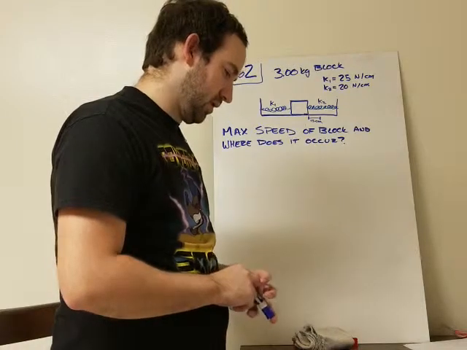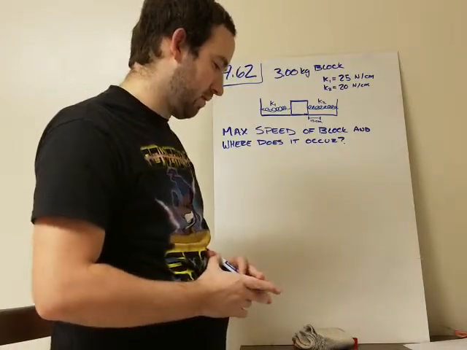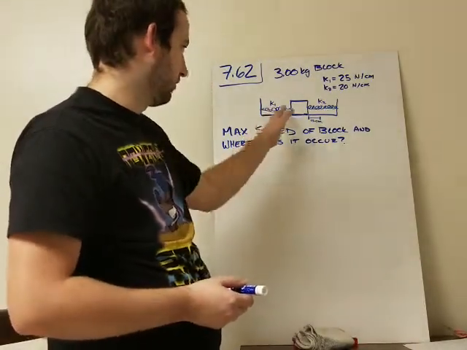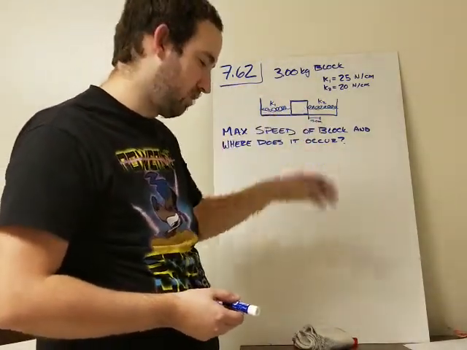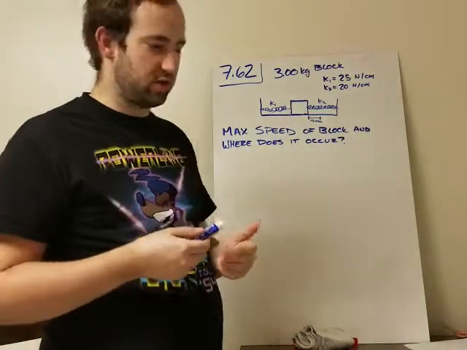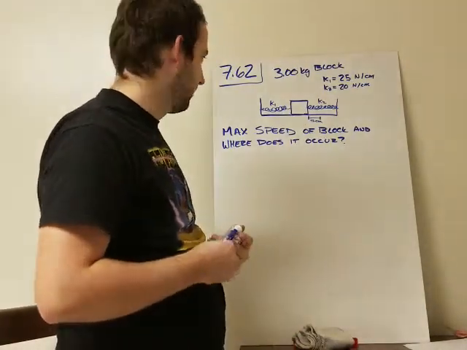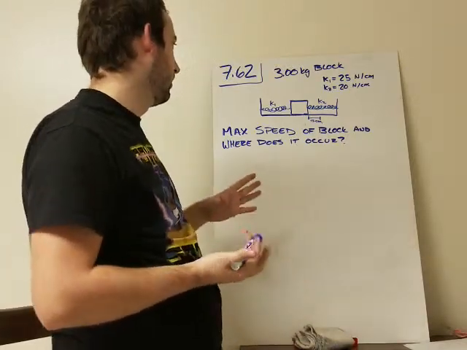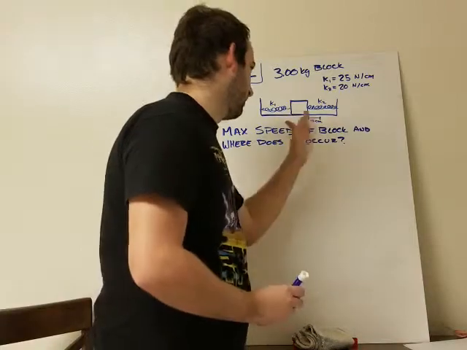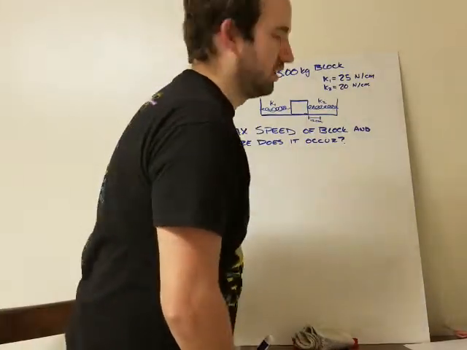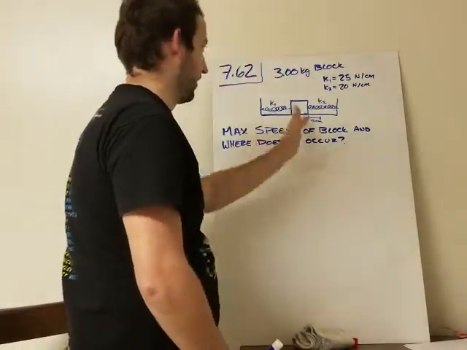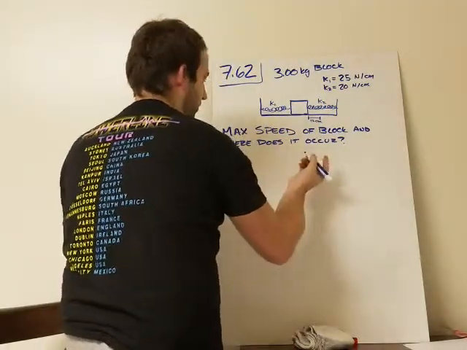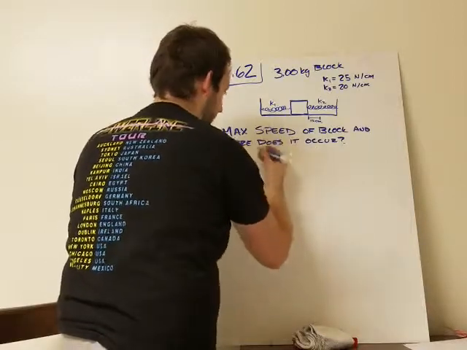But anyway, part A is asking what is the max speed of this block? So it's being pushed over 15 centimeters and then let go. And then it says where in the motion does this occur? So of course we'll use our energy equations here. Starting out, we know that our kinetic energy is 0 because it's being held, so we won't even put that, but we do know there's a lot of potential energy through the spring.